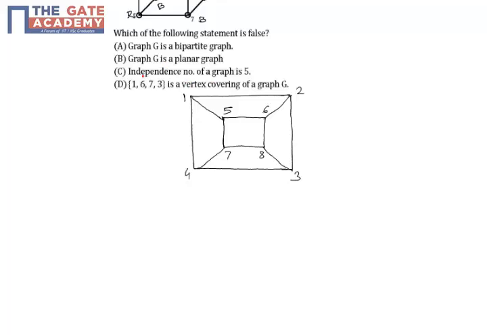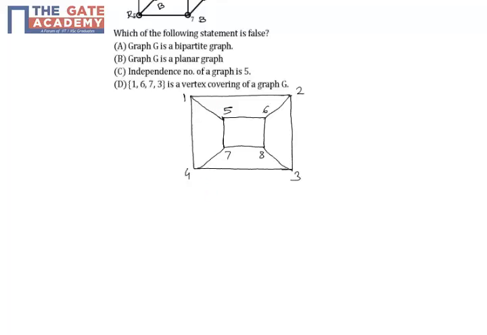Now the third statement is the independence number of the graph is 5. Independence number for a graph is nothing but the size of the maximum independent set. An independent set is a set of vertices in a graph such that no two vertices are adjacent.